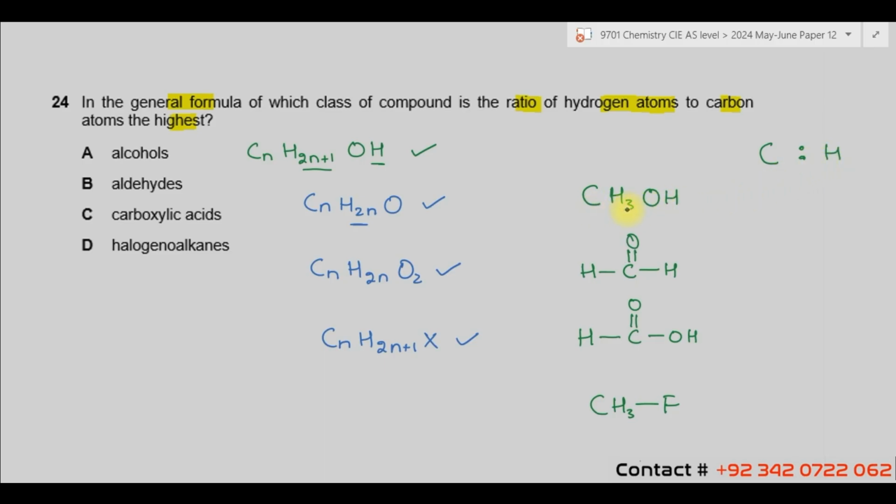So 1 carbon, 4 hydrogens, 1:4. 1 carbon, 2 hydrogens, 1:2. 1 carbon, 2 hydrogens, 1:2. 1 carbon, 3 hydrogens. So 1:3. The highest ratio in terms of hydrogen and carbon is 4:1 for alcohols. So the correct answer is A.